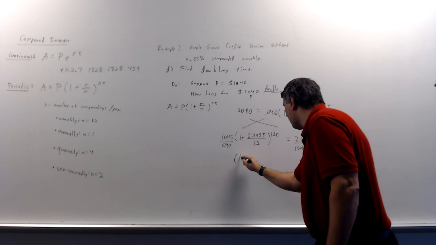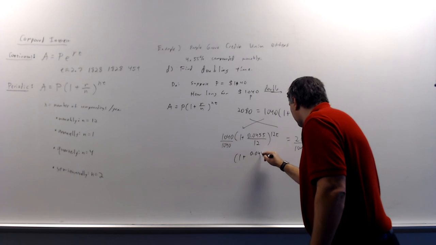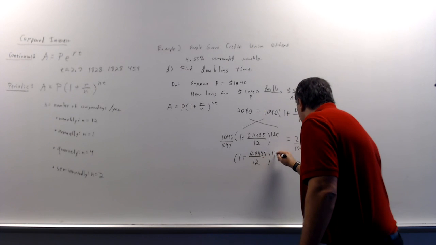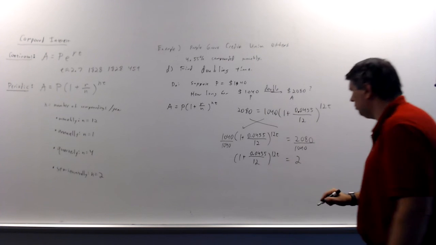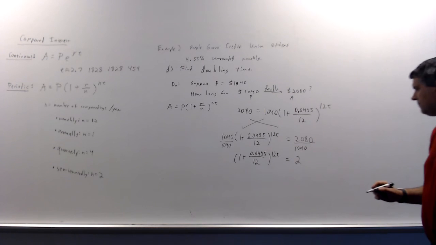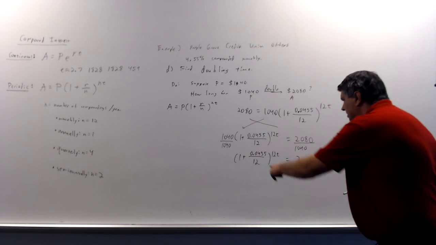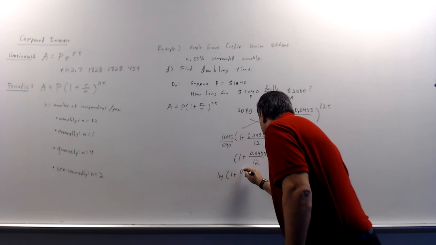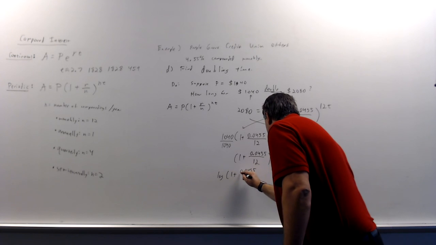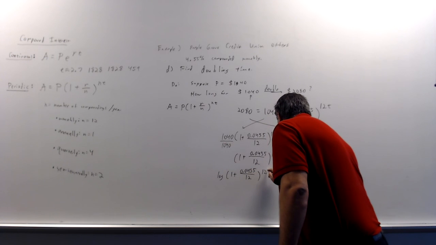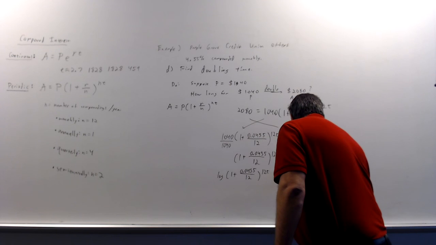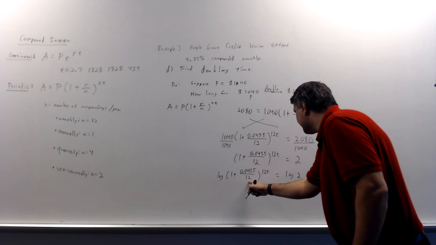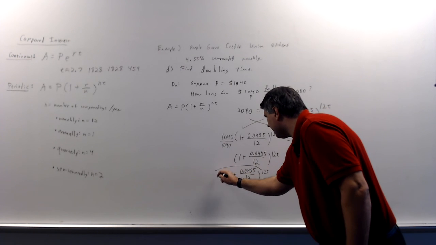And you end up with 1 plus 0.0455 over 12 to the 12t power is just 2. Okay? Well, that's a base other than e, so we'll use the common log. And since that's log base 10, and that's a base other than 10, we can move the 12t to the front.